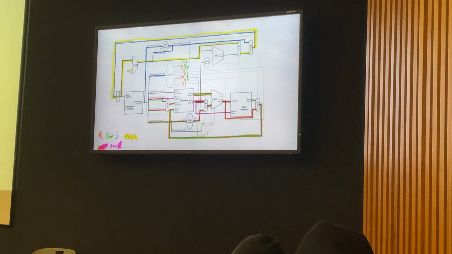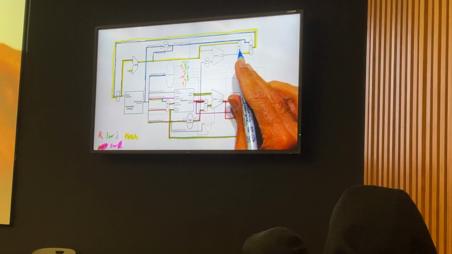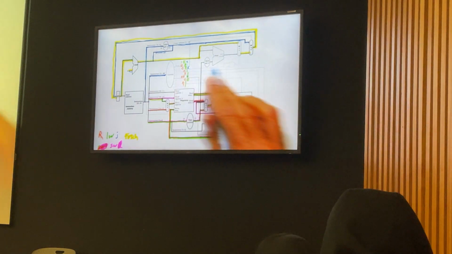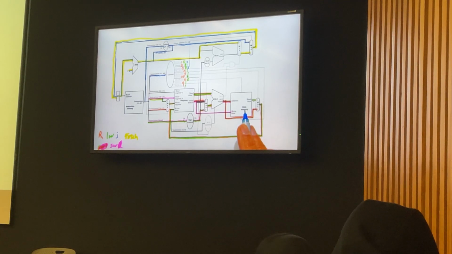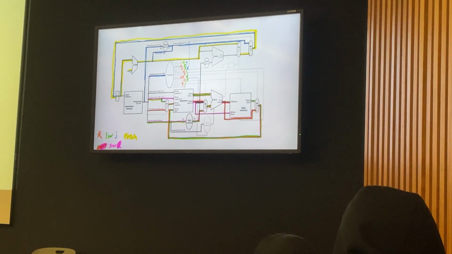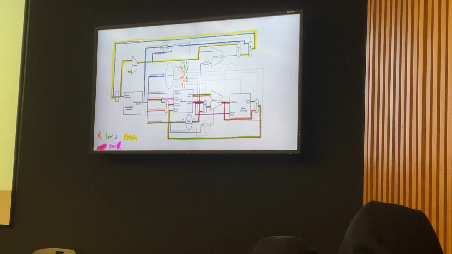Mem read. Are we doing a read? 0, 1. Don't care. Okay. Well, the don't care here is not the right answer, because the point of the mem read is that we want to let the memory system have freedom to read the memory.